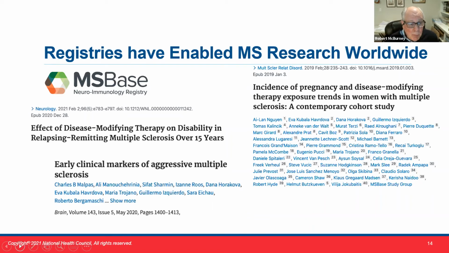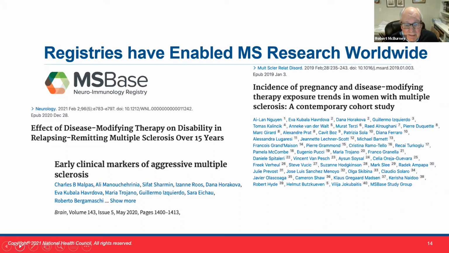And for example, to study the effect of a disease-modifying therapy on disability over a 15-year period requires a real attention to data, because currently there are about 20 disease-modifying therapies that have been approved by regulatory authorities worldwide.